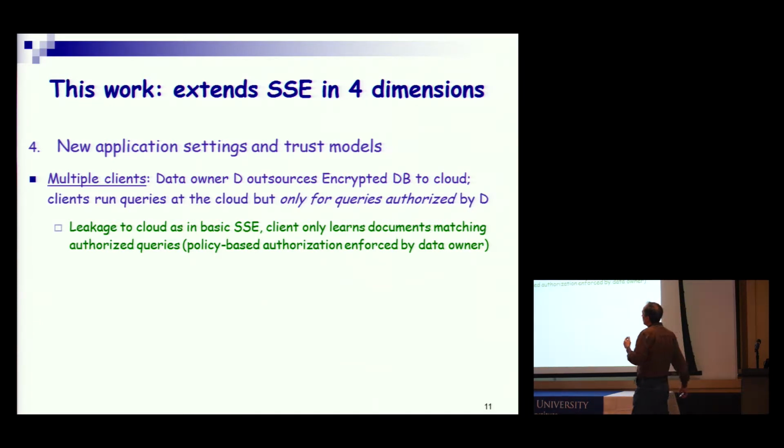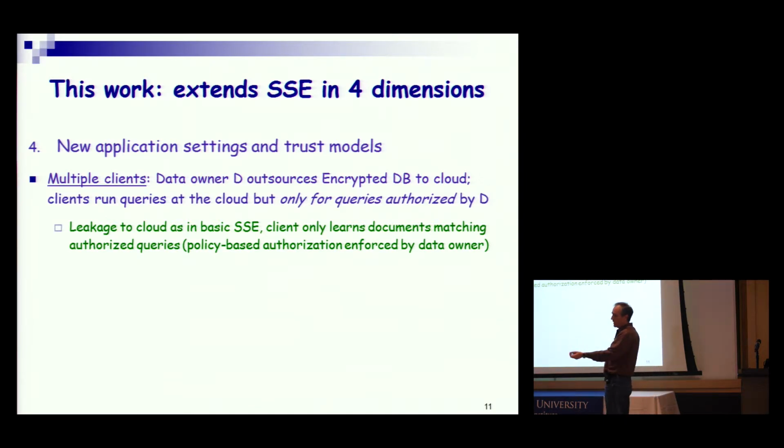Here we are looking at the multi-client setting, meaning that there is still a single data owner that does all this process of putting the data outside in the cloud, but it allows different clients to search on the data when you authorize clients by whatever policy that you have.